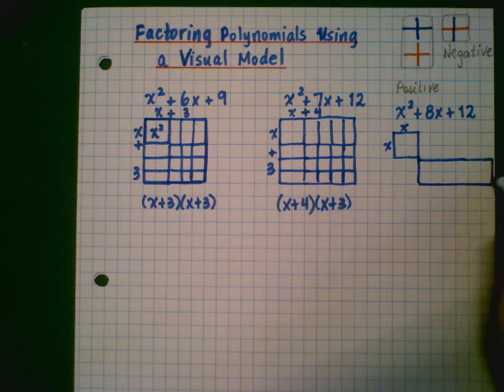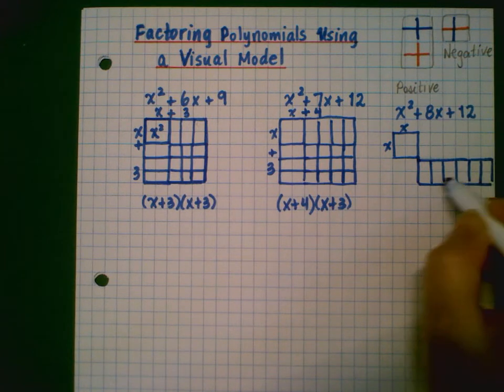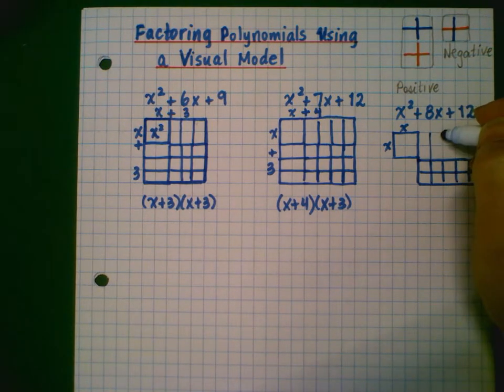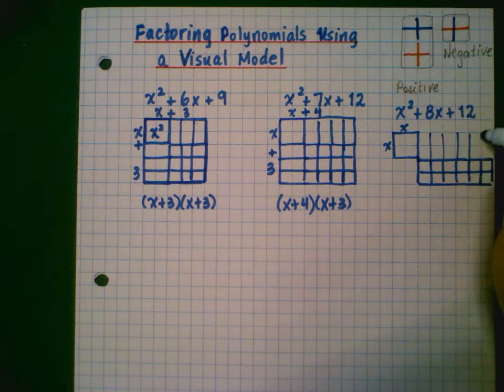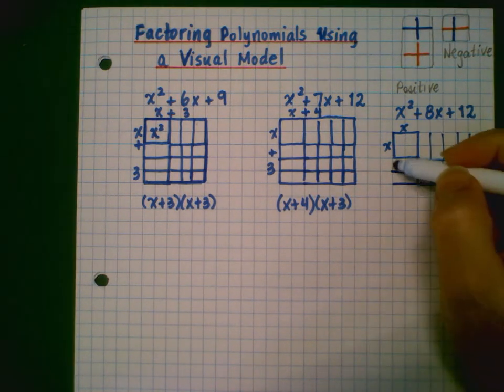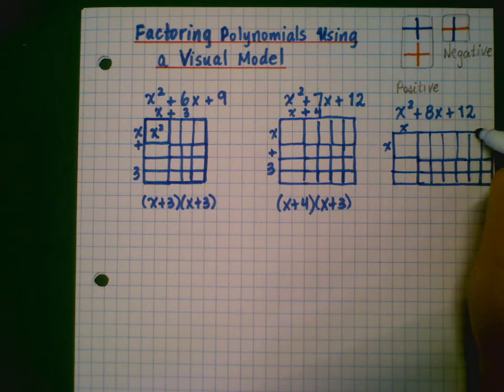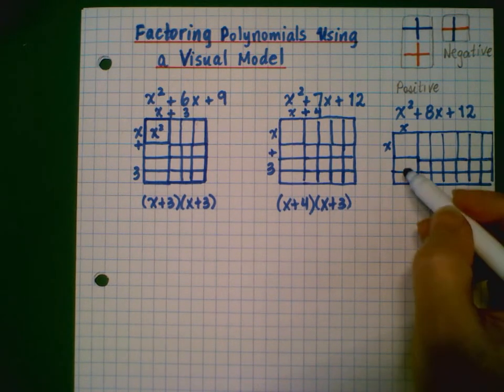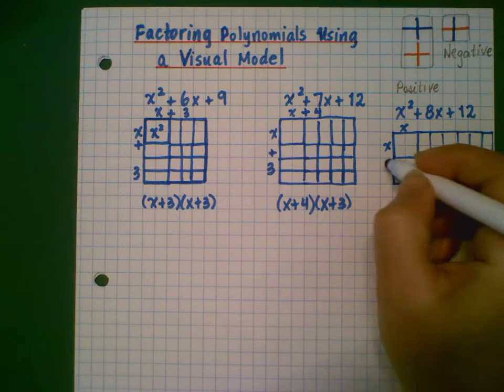So here's my 2 by 6. That's still 12 little squares. And when I extend each of those grid lines to make my rectangle, I've got 6 bars along the top and 2 bars on the left.